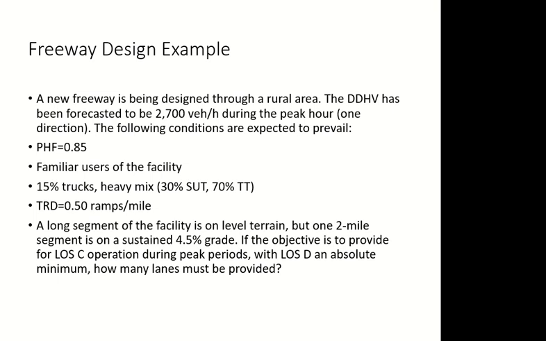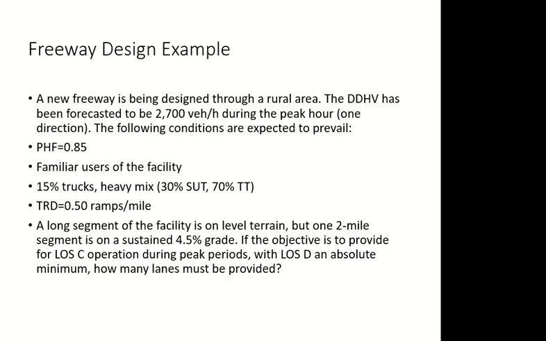Where was I? Yeah. They have 3 conditions for the terrain. We have level, we have 4.5% gradient, and who can tell me the third terrain condition here? There are 3 conditions of terrain in this question.